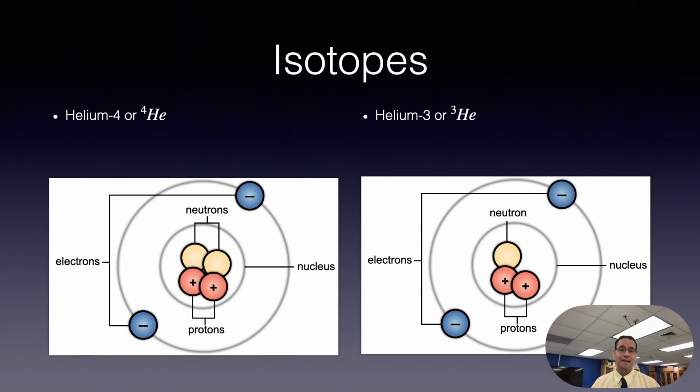So helium-4 means mass number 4. Helium-3 means mass number 3. So if you see an element with a hyphen and a number, that number means the mass number. It's the total number of protons and neutrons in the single atom.